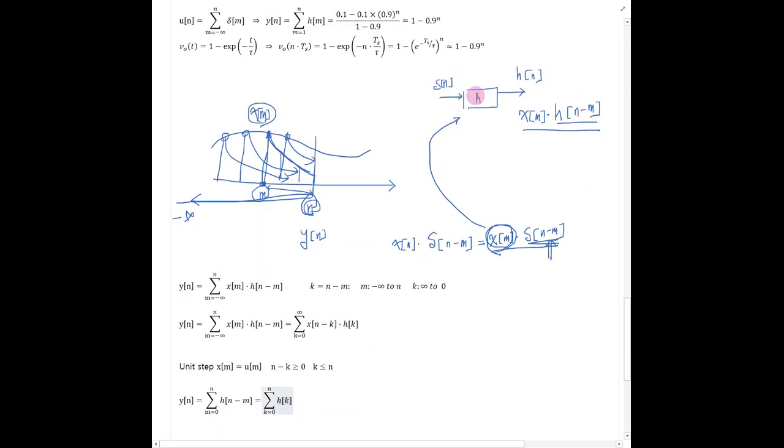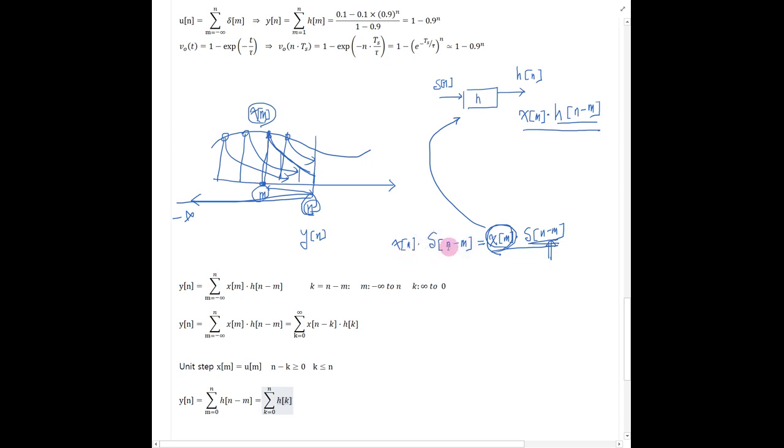We know that the system has some impulse response h[n]. It means that if we apply the impulse sequence at the input, then the output comes out as h[n]. In that case, an arbitrary input signal is applied, and we would like to measure the output response y[n] at this n. Consider the position m, x[m]. To figure that out, we sample it by use of the delta function delta[n minus m].